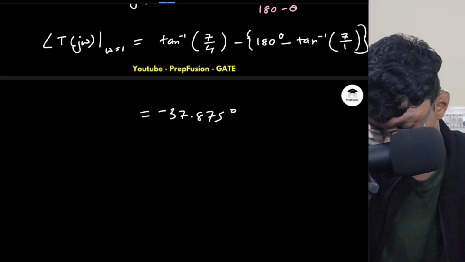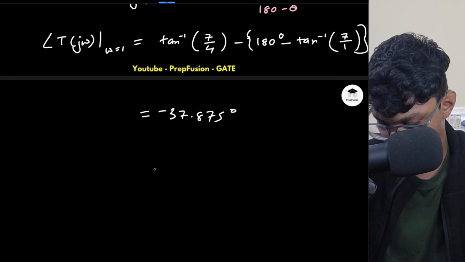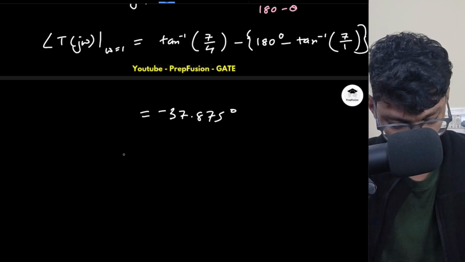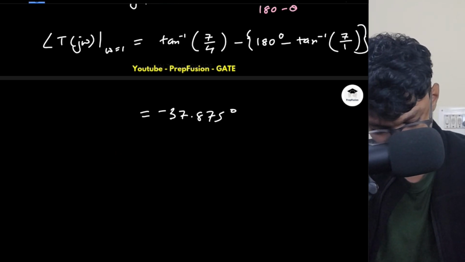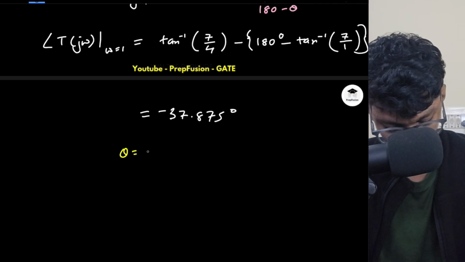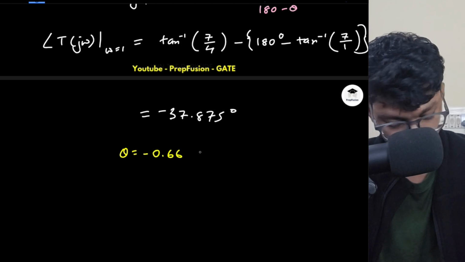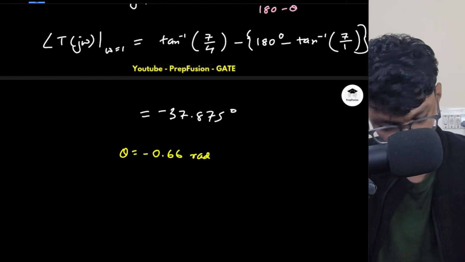So if I convert this into radians, this will be my theta. My theta will be minus 0.66 radians. Okay.